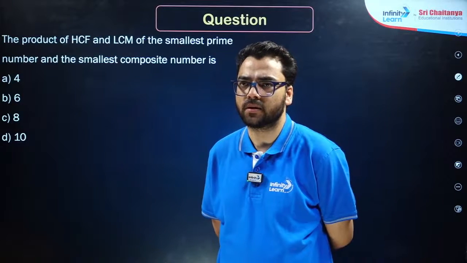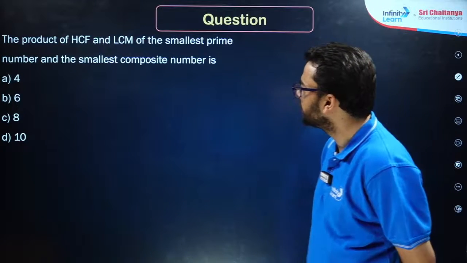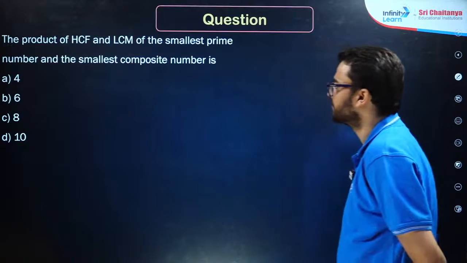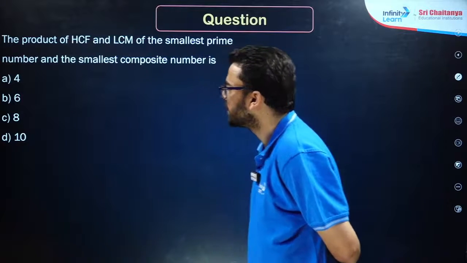Okay. So try doing this one. Product of HCF and LCM of the smallest prime number and the smallest composite number.